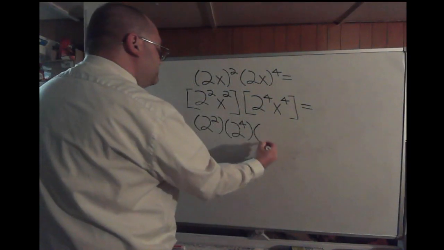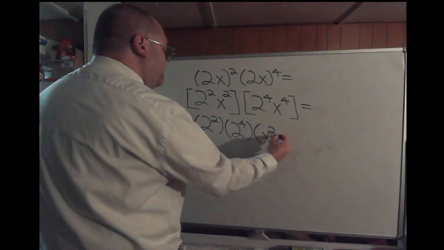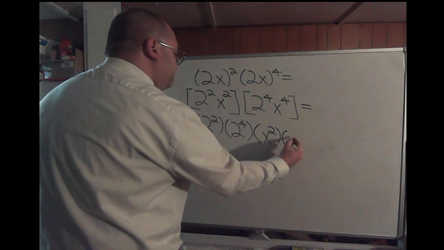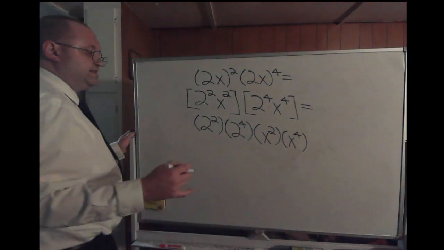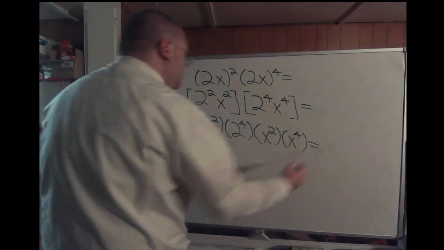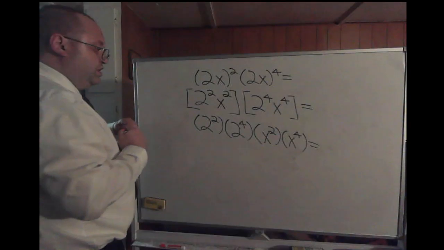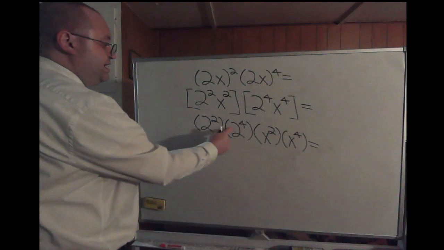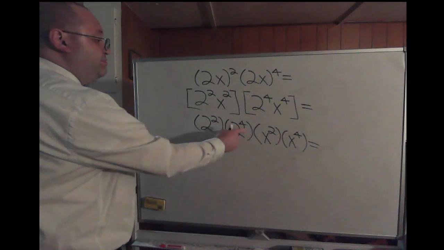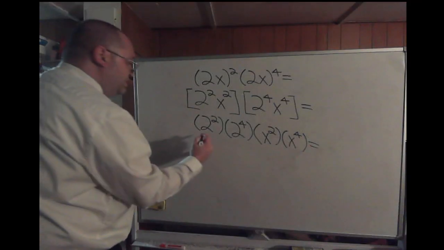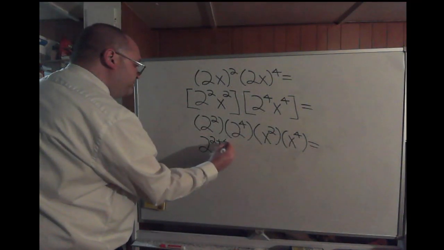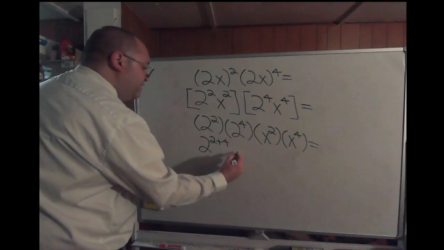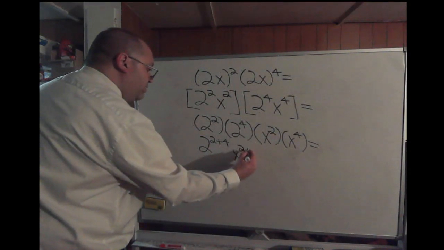All that times the quantity of x squared times x to the fourth. So group your like variables and constants together. What you have to do whenever you're multiplying the same base, you add the powers together. So this would go to 2 to the 2 plus 4 times the quantity of x to the 2 plus 4.